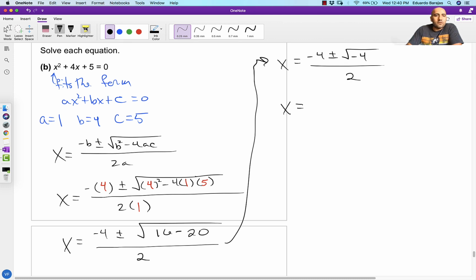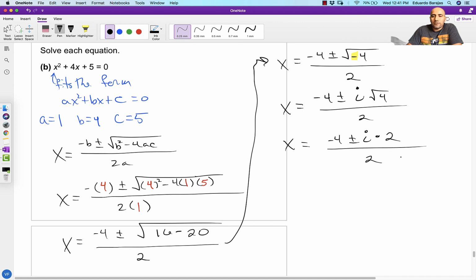So now I want to deal with this minus in here. We have a negative inside a square root, so let's deal with it by pulling it out as an imaginary. So negative 4 plus or minus i root 4 all over 2. And so now square root of 4 is a 2, so this becomes negative 4 plus or minus i times 2 all over 2.